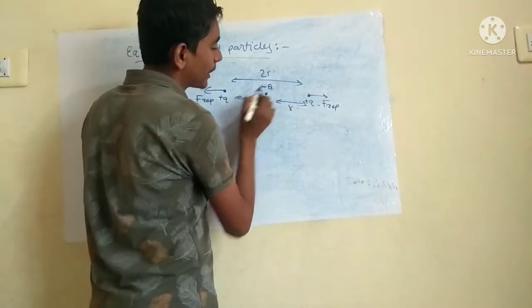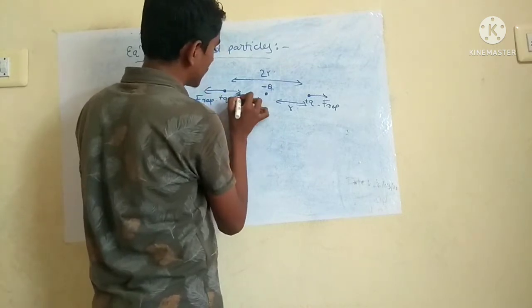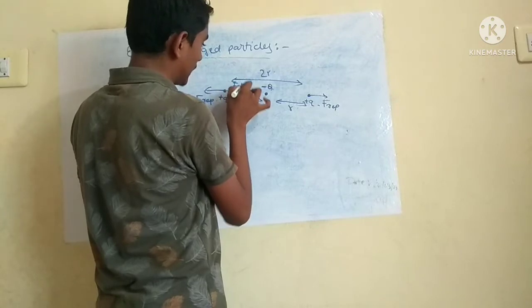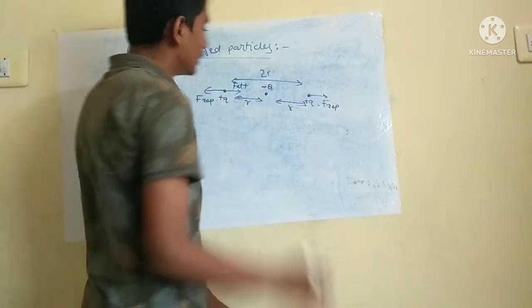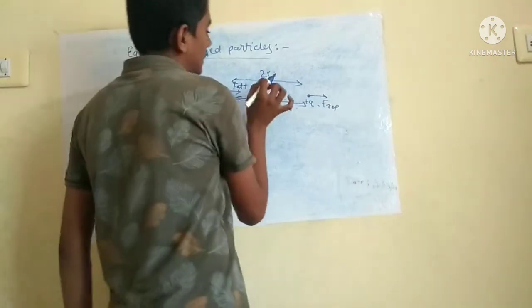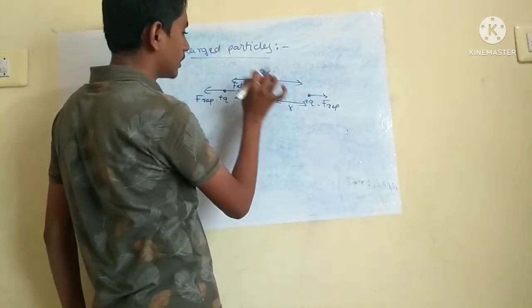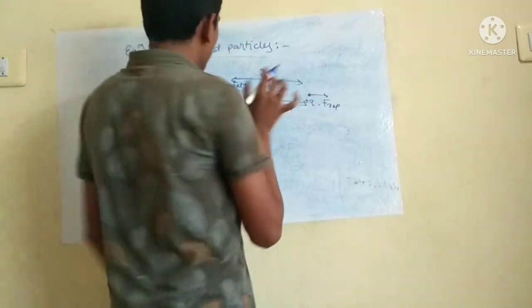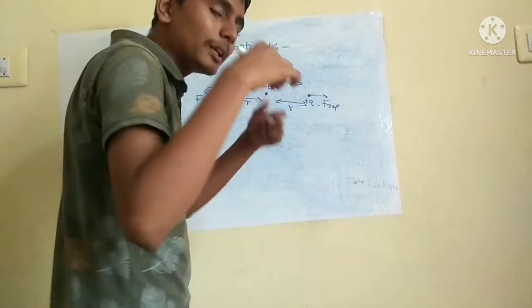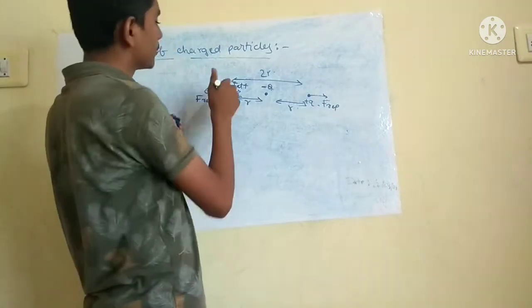Now if I bring a minus charge, due to that charge it will experience an attractive force. I will bring the negative charge such that its magnitude is such that the force of repulsion and force of attraction will be equal. Okay, then it will be in equilibrium.